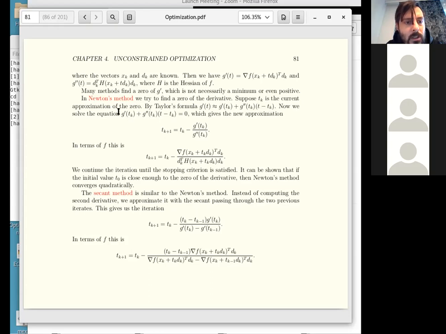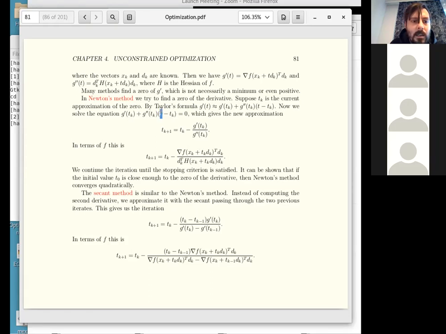And now we solve this equation for this being zero, meaning that we are at a place where we are no longer having to move anywhere. And what we get here is basically we solve this for T minus TK, so that would be the new one.